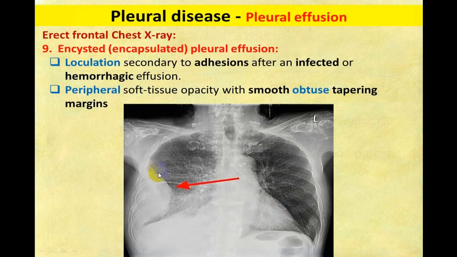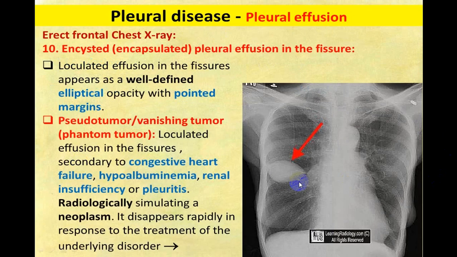Again you can see here, nice shape, and see this angle is gone. So this is loculated, or another word we utilize, encapsulated or encysted. So encysted pleural effusion, encapsulated or loculated pleural effusion. This is in a fissure.